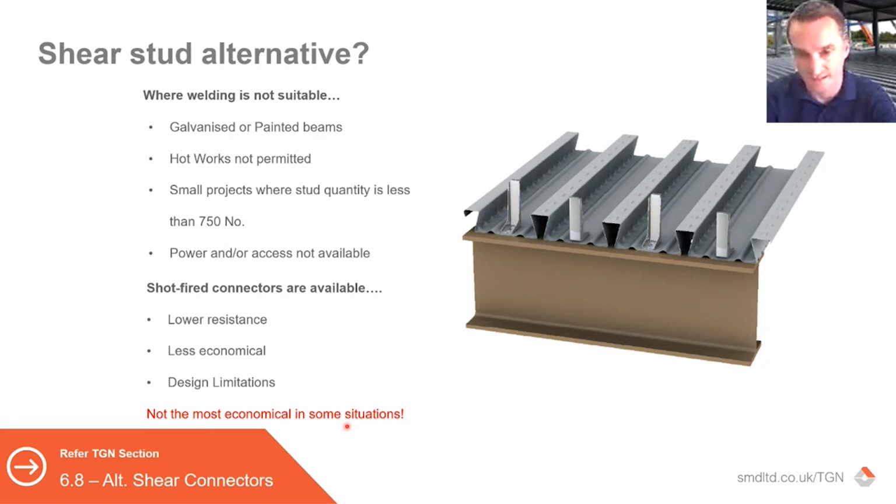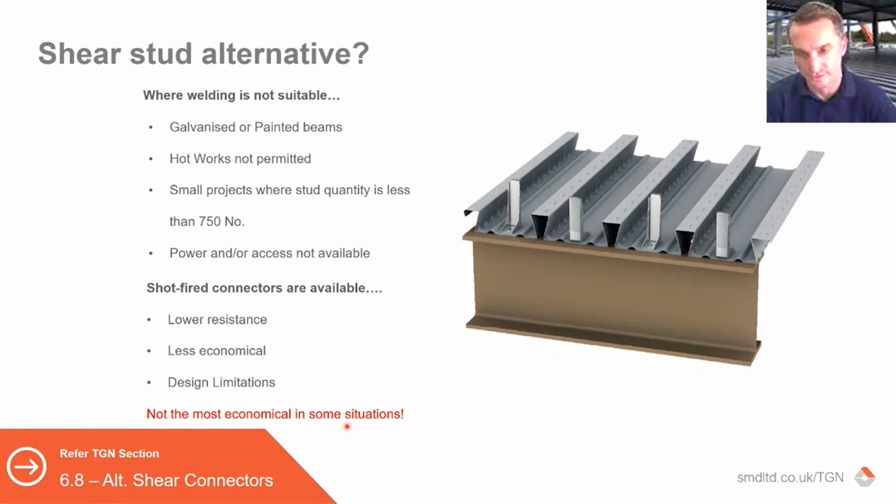The biggest thing is that they do not provide the same shear resistance as a welded stud. So if you're going to design a beam compositely and your intention is to use them, then they should be designed in from the outset. Or perhaps you've got a job, it's not many beams, they've had the top flanges painted, and you're trying to justify that design, and you're thinking, okay, I can't weld studs, or I can't get an earth cable to it.